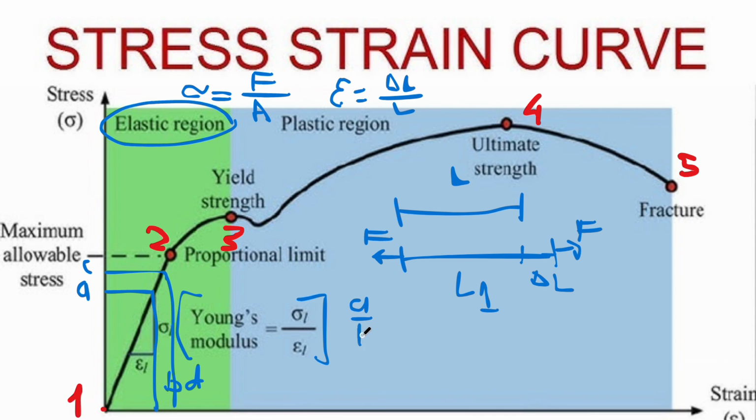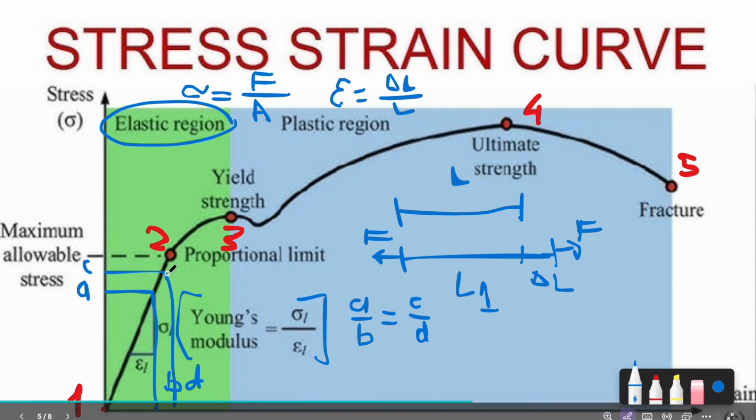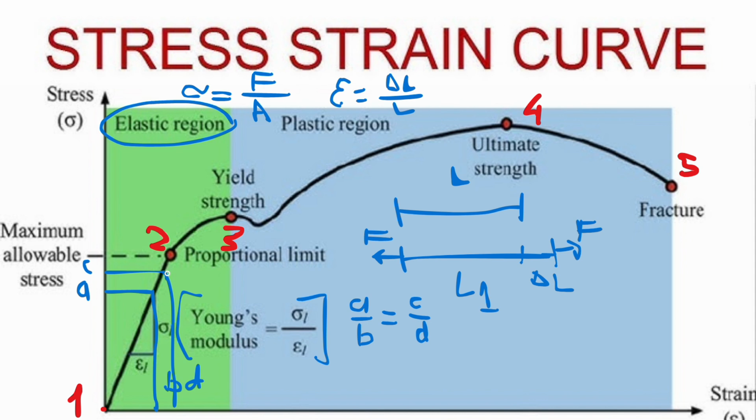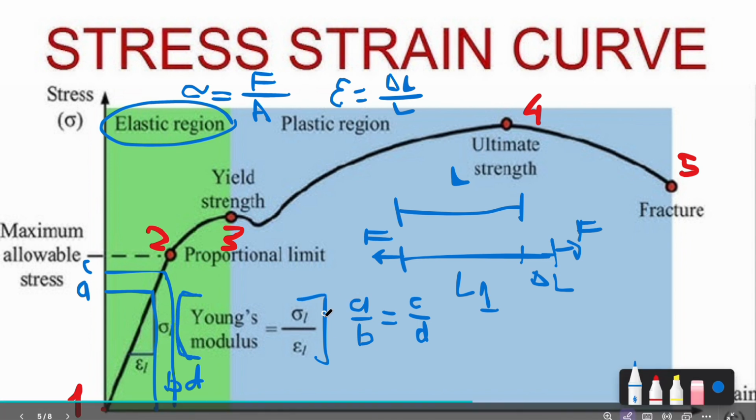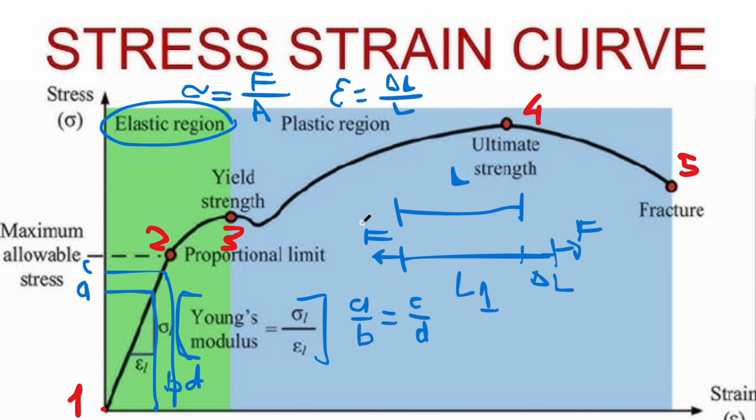A divided by B, the fraction A divided by B equals C divided by D. All the fractions in this linear curve are equal, and they follow the Young modulus formula, the fraction of stress divided by strain. And a note for you: in the elastic region from number 1 to number 3, when you remove the force on both sides of this stick, the length returns to the original length, like a spring.